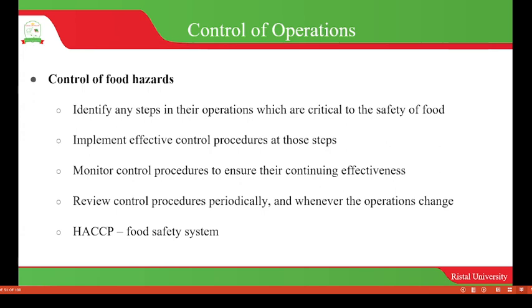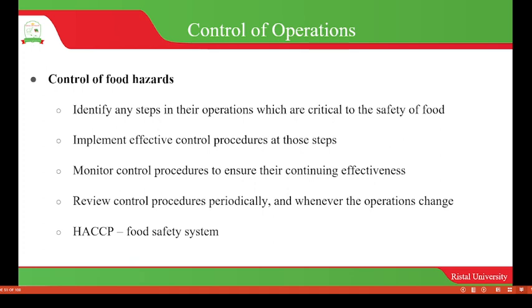And then the next area which is covered by good manufacturing practices is the control of operations. Under this, we have to control food hazards, and we can do that by identifying any steps in the operation which are critical to the safety of foods.